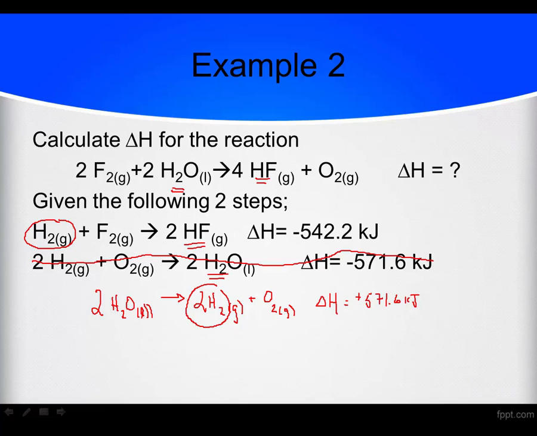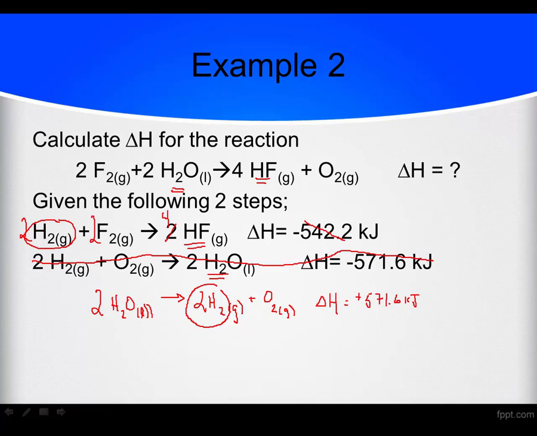Another thing that might tell me to multiply the whole thing, and this is why this is a puzzle, there's not one right way to think about it, is how many hydrofluorics are being made in the step? In the overall reaction, it's 4, but in the step, it's only 2. Is that going to be enough? No. So I'm going to want to multiply this first reaction by 2 all the way across.